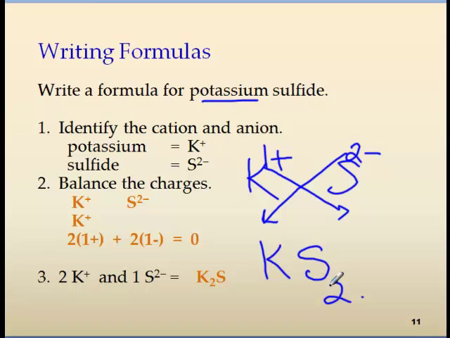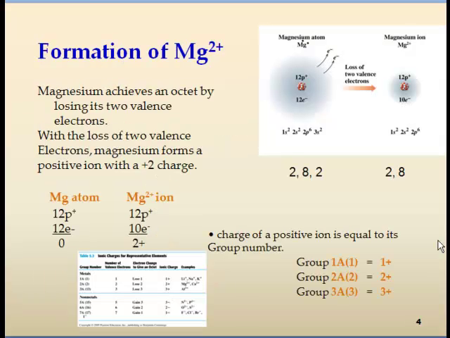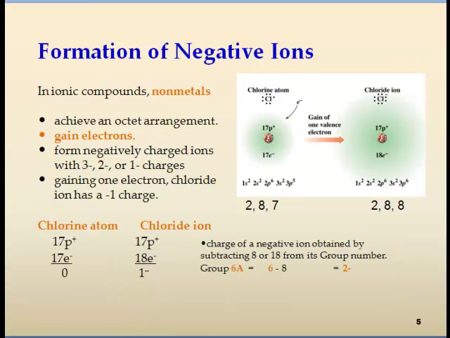You will find that metals always have charges of +1, +2, +3, and non-metals will always have -3, -2, and -1. I think I missed mentioning this to you in this slide. Well, no, this is the slide for the metals.